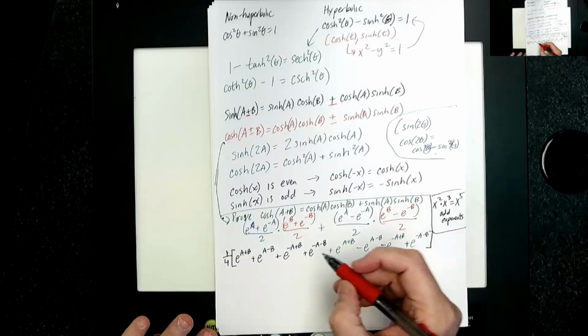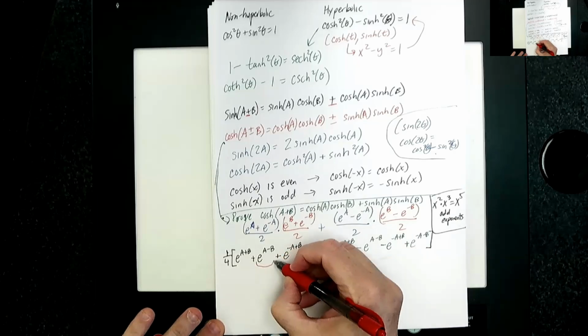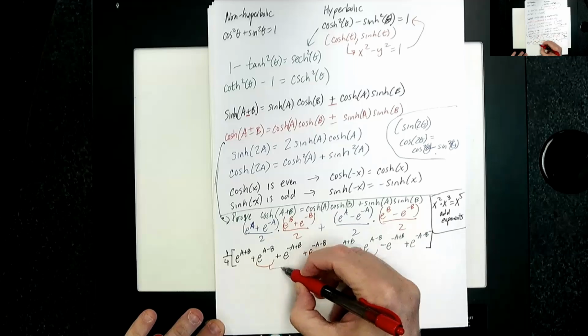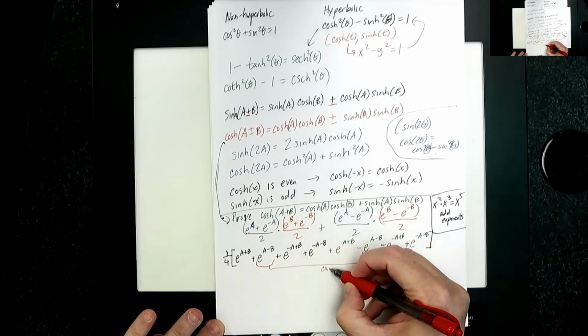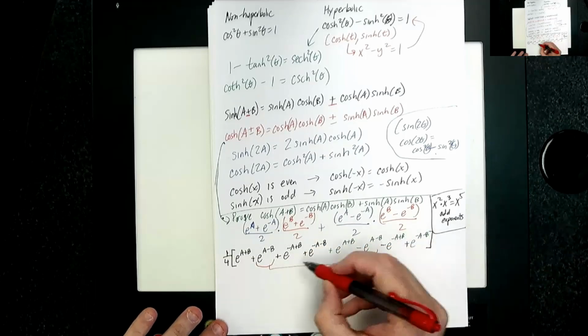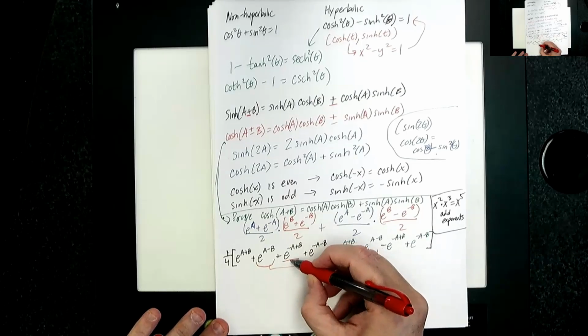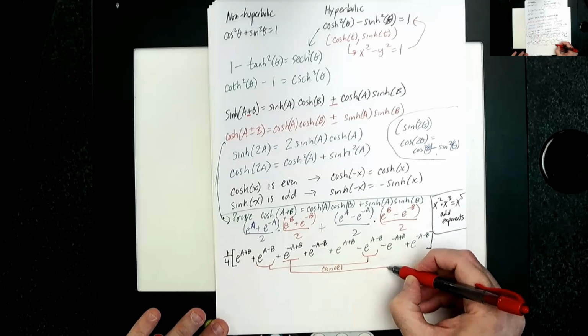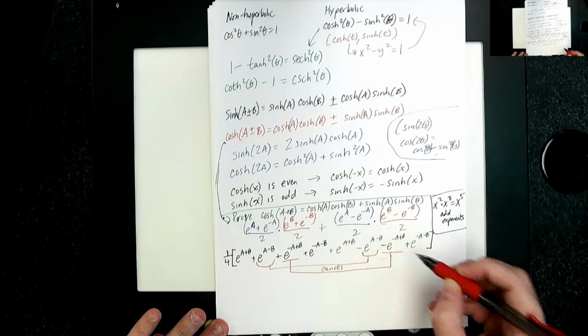Well, this is a minus b and this is a minus b, and they cancel. As does the negative a plus b; that one cancels that one.